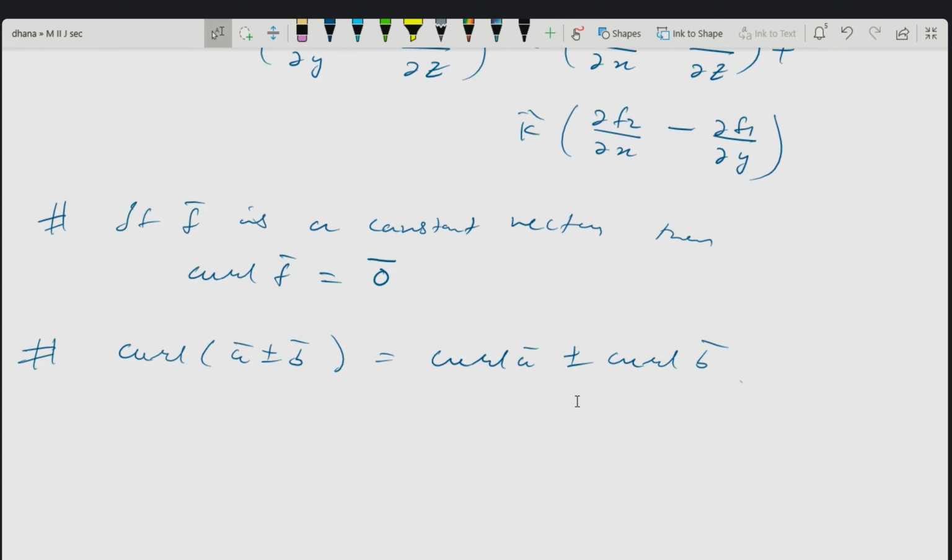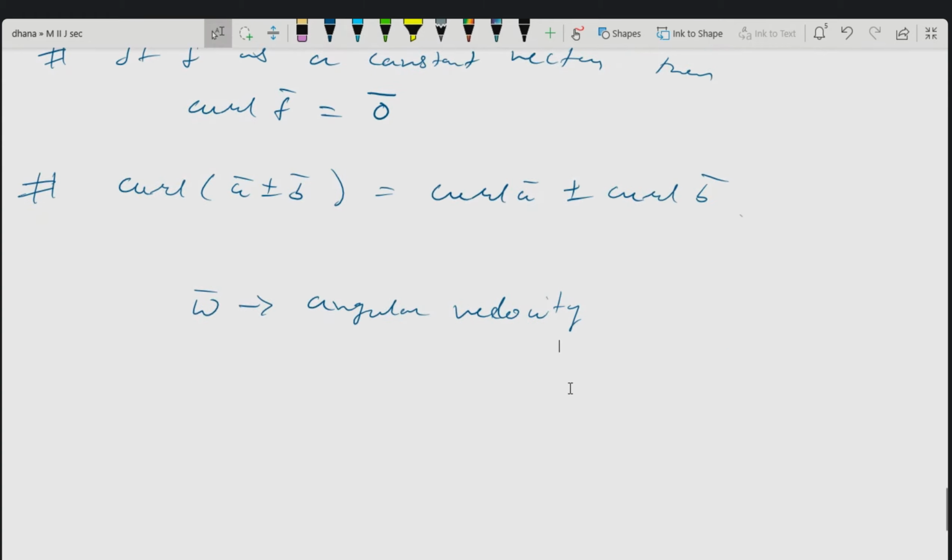So suppose W bar is the angular velocity of a rigid body rotating about a fixed axis, and V bar is the velocity at any point on the body.